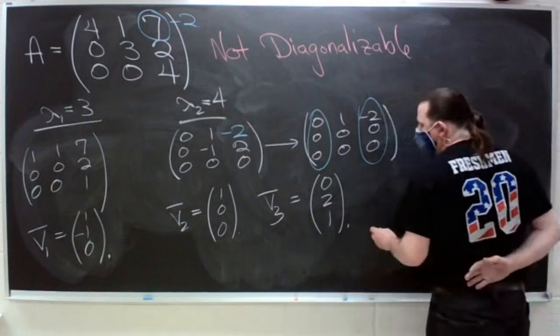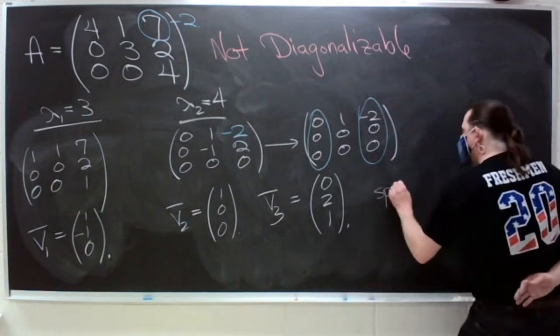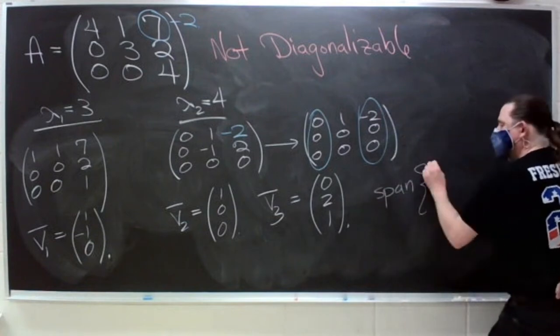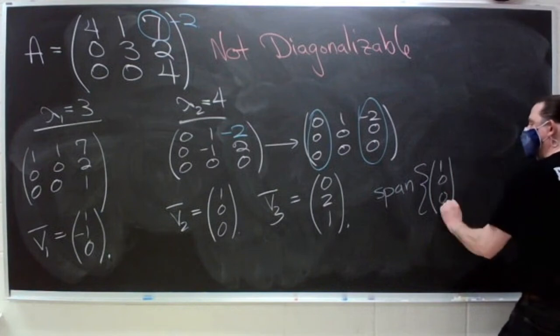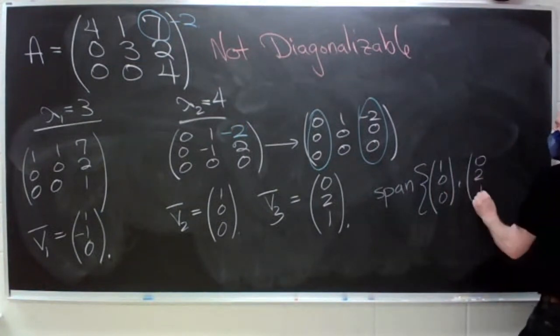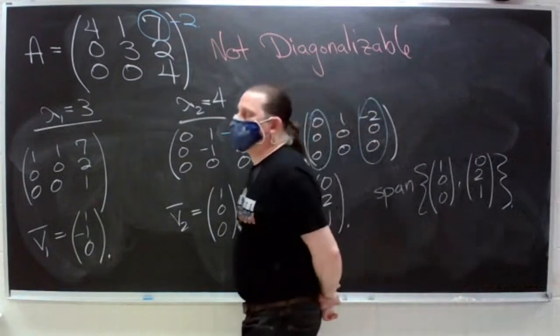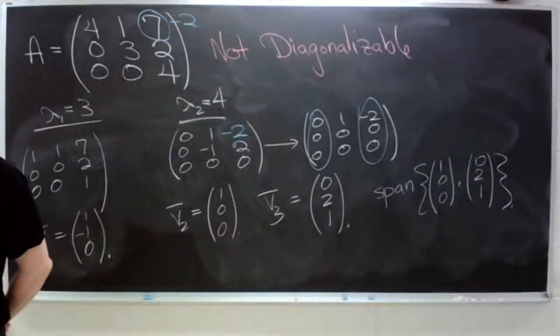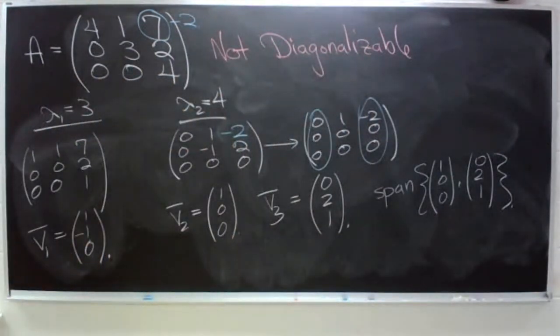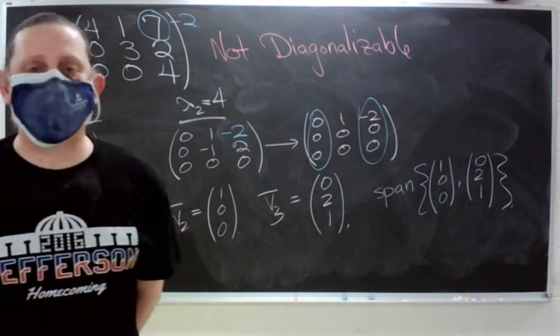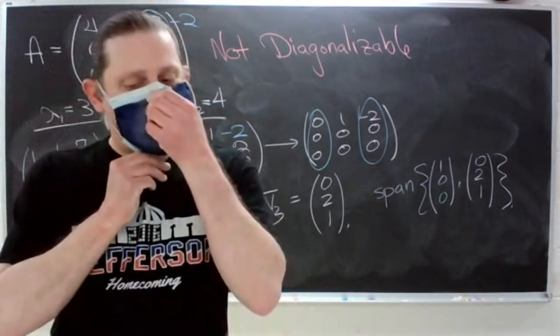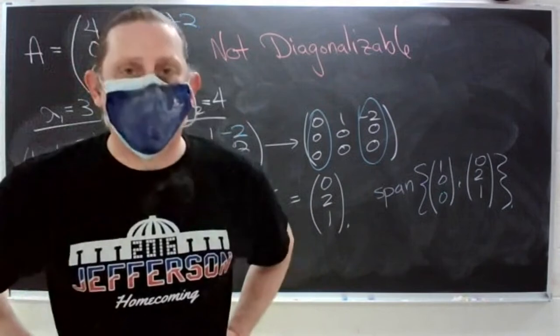So the whole space, span of 1, 0, 0, 0, 2, 1, consists of eigenvectors associated with eigenvalue 4.